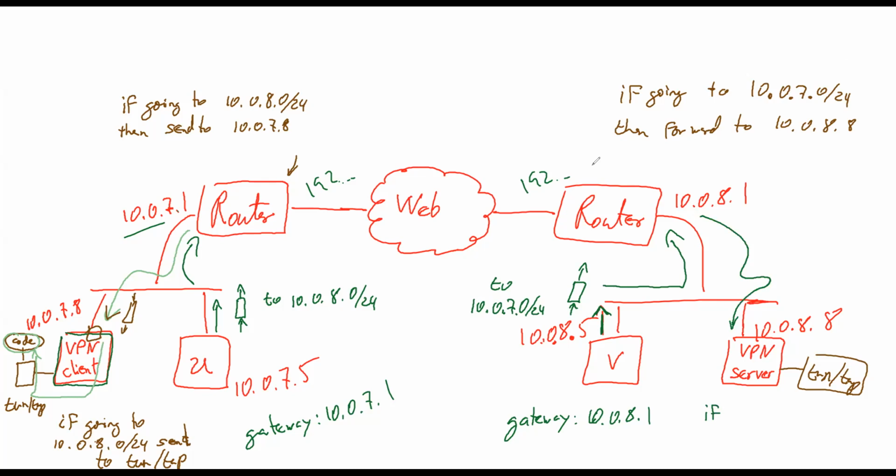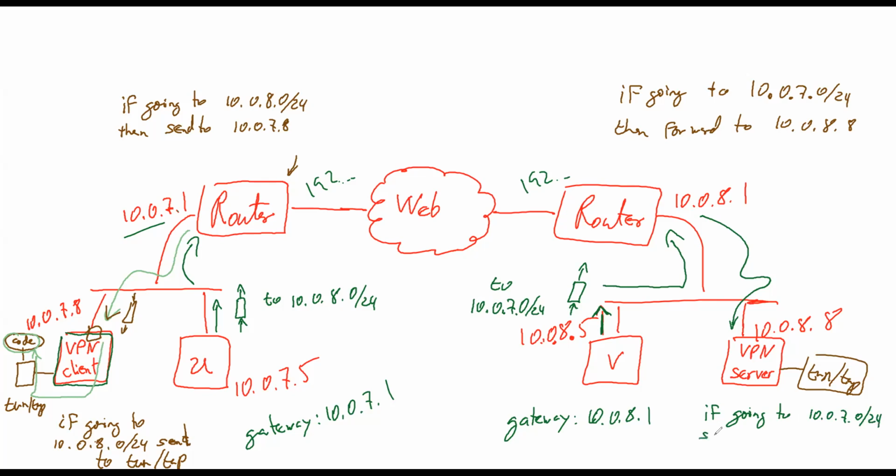And what does that routing rule say? Well, if going to, where is it going? 10.0.7, right? So 10.0.7.0/24. You see that? If it's going to that one, what do I do?